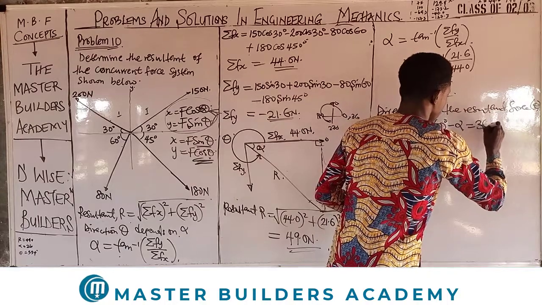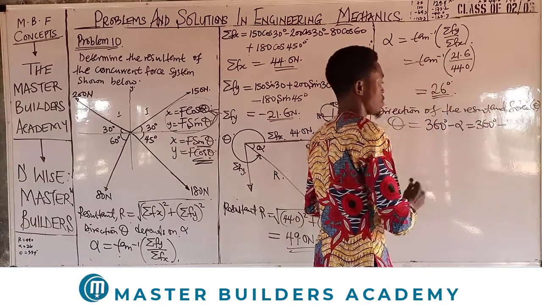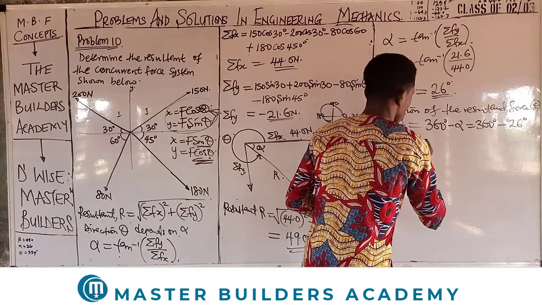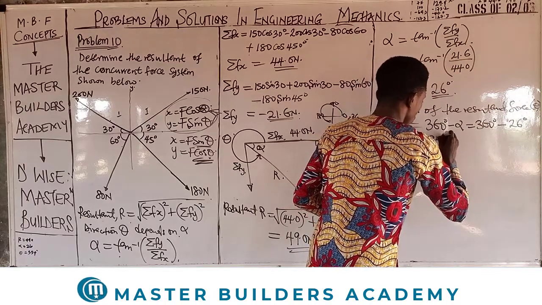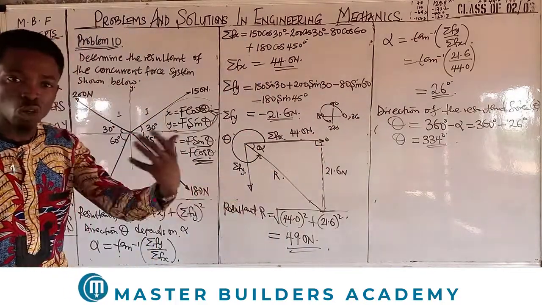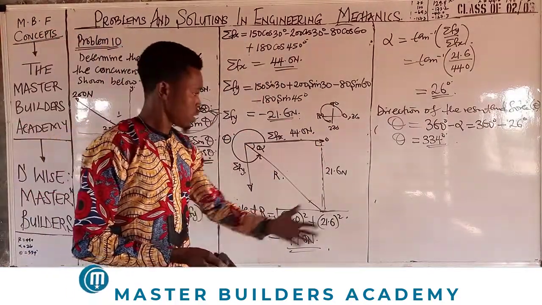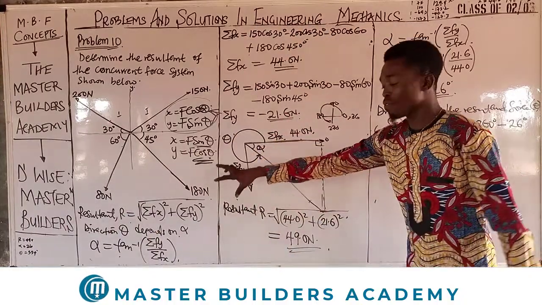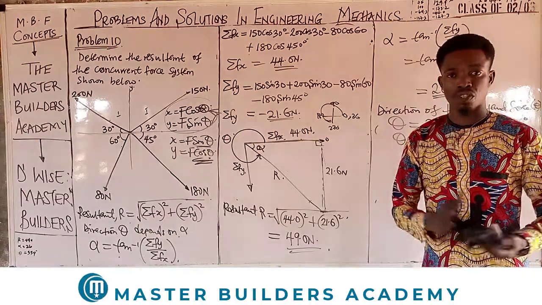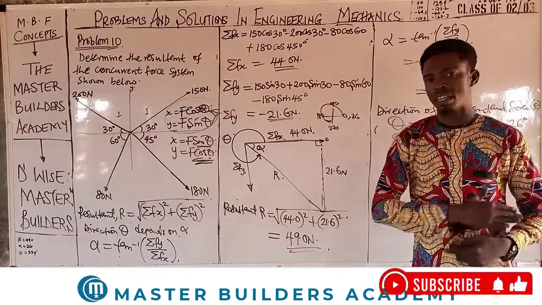This gives us 360 degrees minus 26. And when you do this, the direction becomes 334 degrees. This is the direction of the resultant force. So we have obtained the resultant force, and we have equally obtained the direction of the resultant force, which is very, very simple.